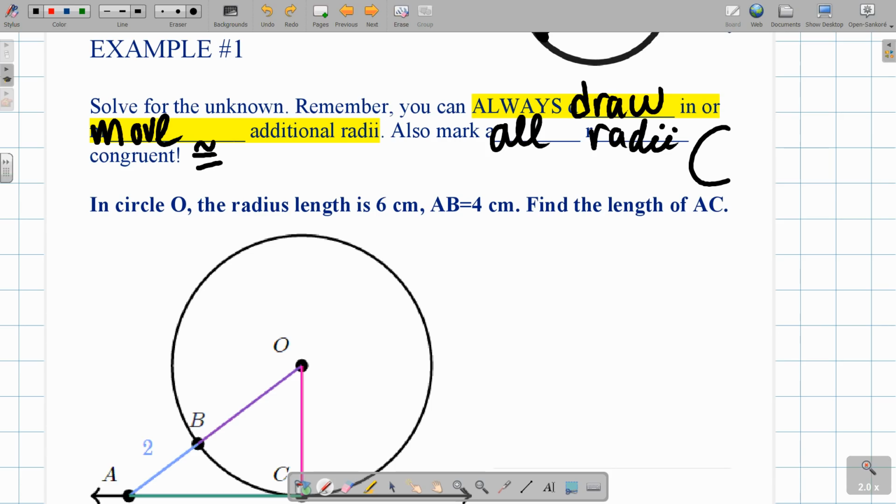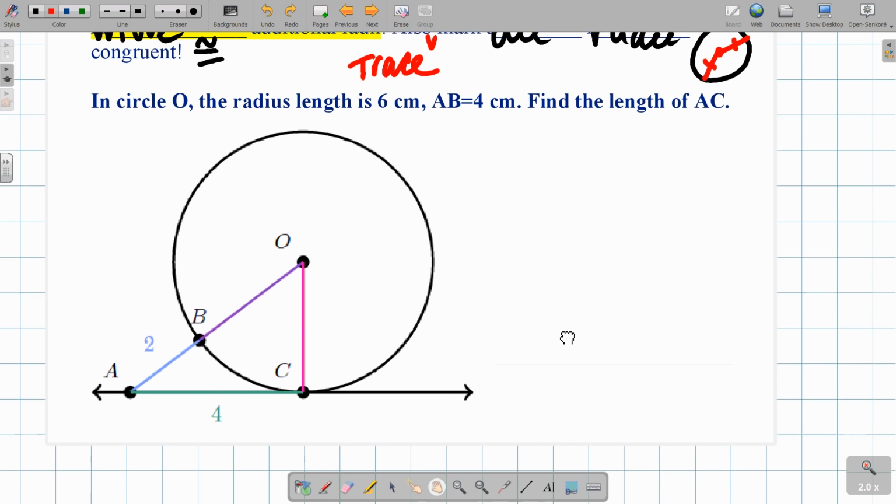Once again, a radius is a spoke in the wheel. Always, wherever you see them, mark them congruent immediately. I would add: trace and mark congruent. Let's do 3 examples together.